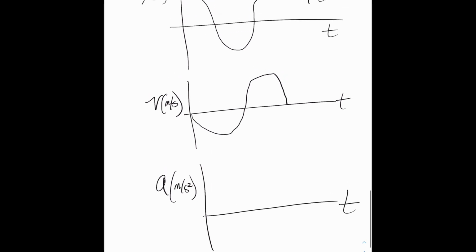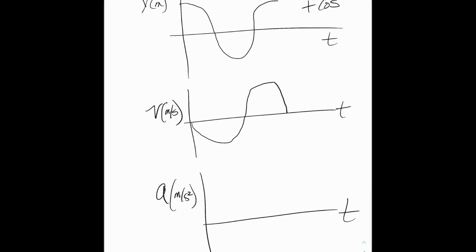And these are based off each other, meaning that if the position wasn't a positive cosine wave, then velocity wouldn't be a negative sine wave. So they depend on each other. If position was a negative cosine wave, velocity would be a positive sine wave. And position could be, say, a positive sine wave.